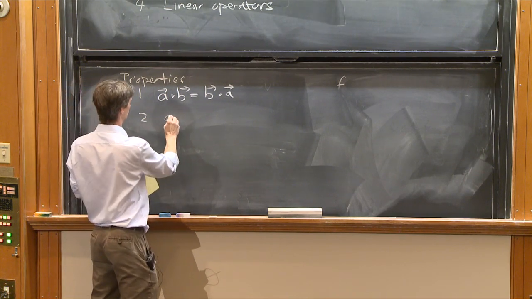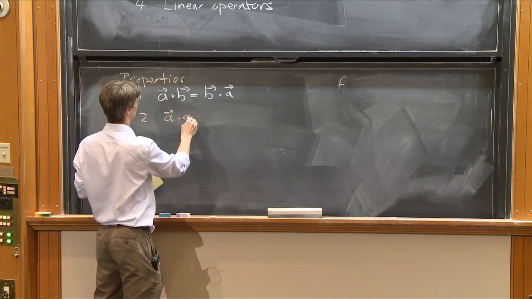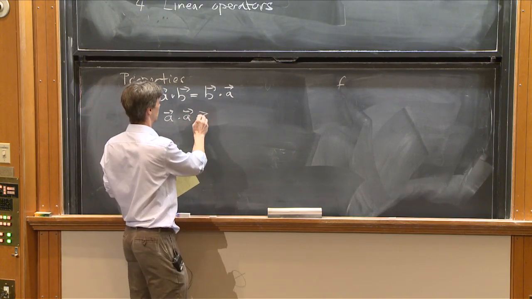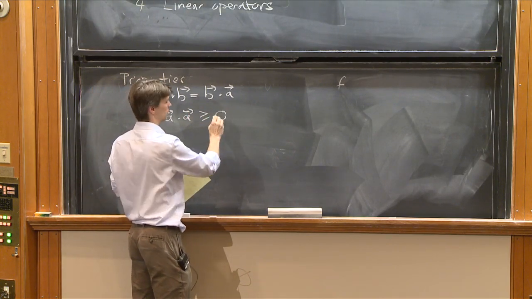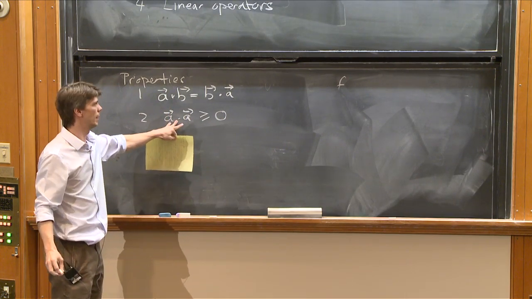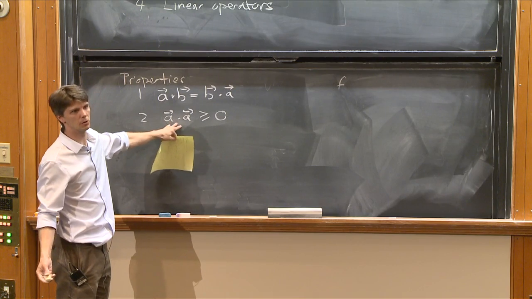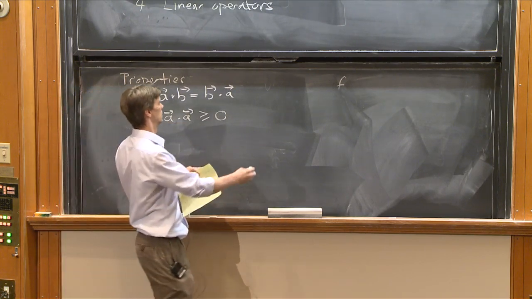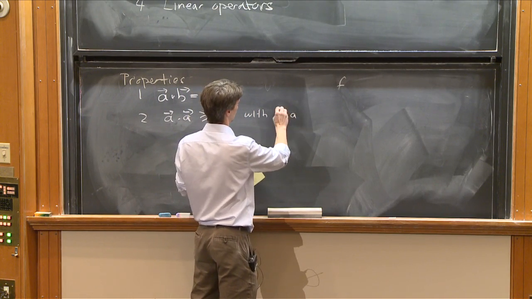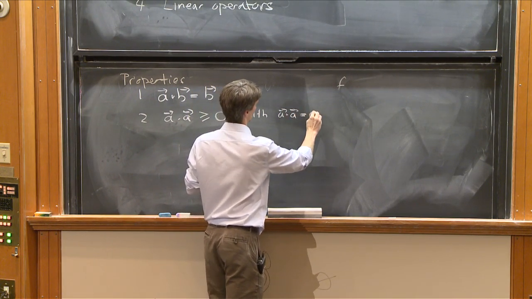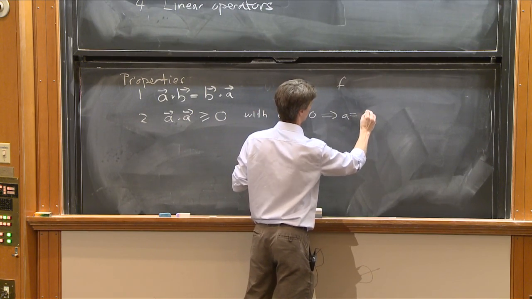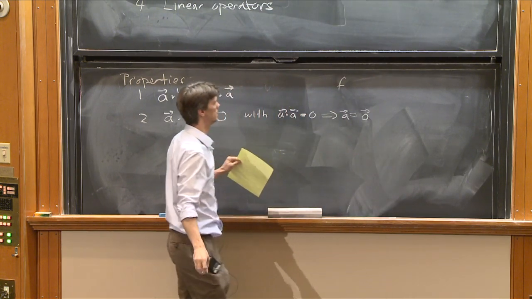Also, if I take the same vector, I know that A dot A has got to be greater than or equal to 0, right? Because this is going to be our length. And the only case where it's 0 is when the vector is 0. Right?